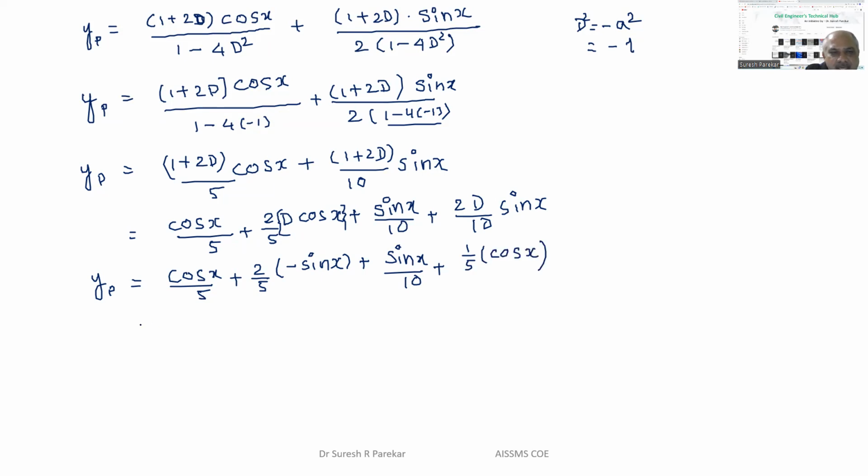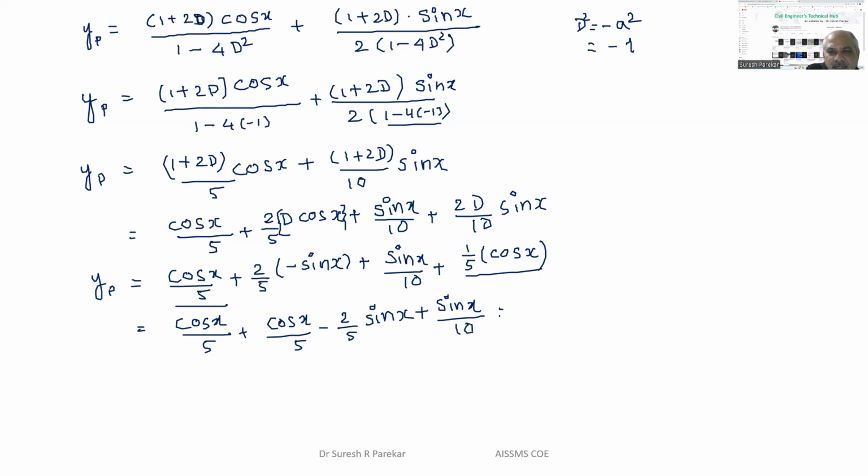So we will take the cos x terms closer. So we have cos x upon 5, this is the first term. This term also we have cos x upon 5. So plus cos x upon 5. Then we have minus 2 by 5 sin x plus sin x upon 10.